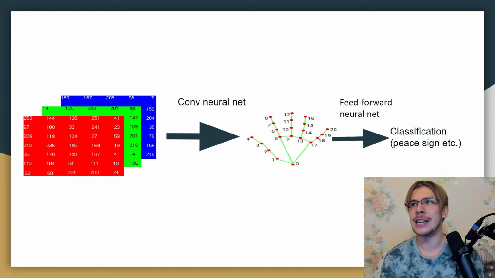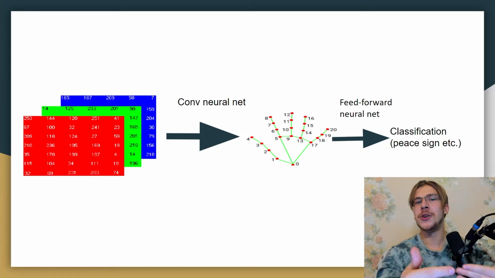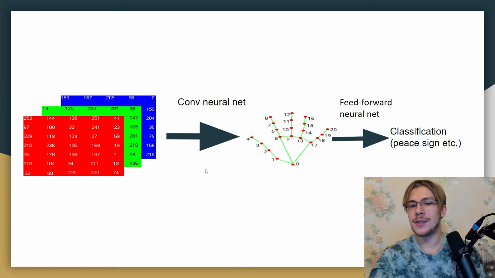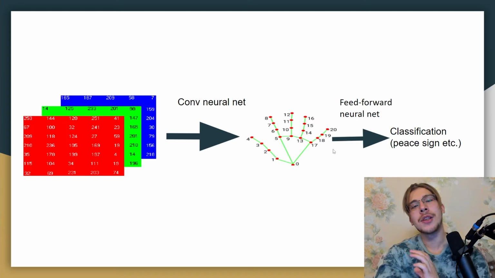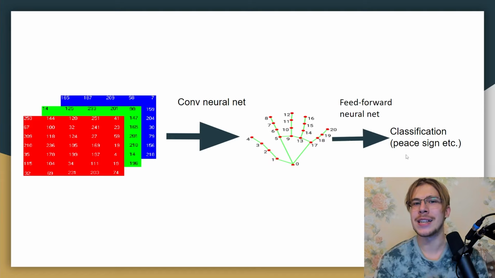And that's the power of this approach: we're leveraging this pre-trained neural net to extract the landmarks, so that we can train a much smaller, much simpler neural network to perform the actual classification.